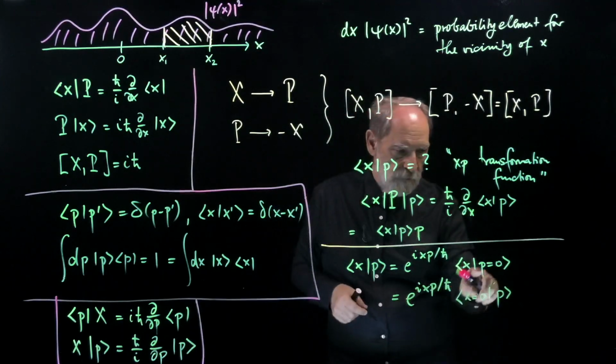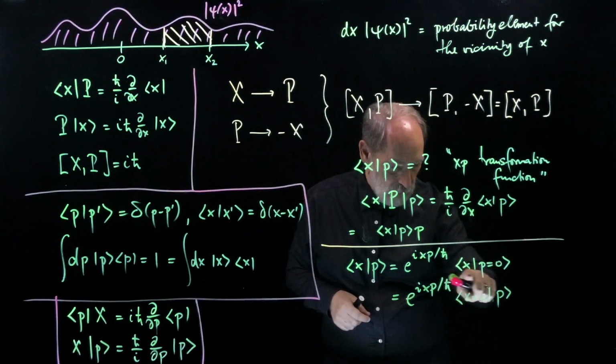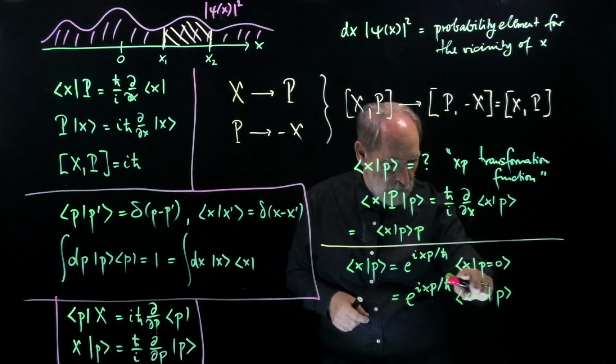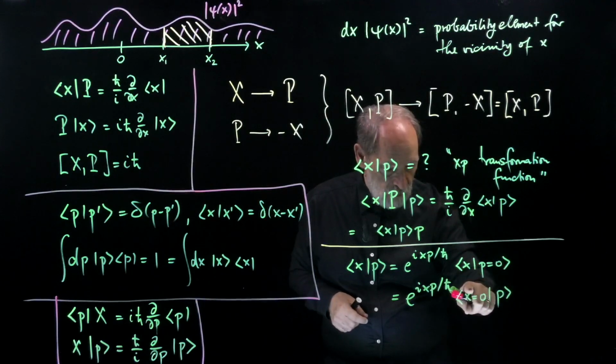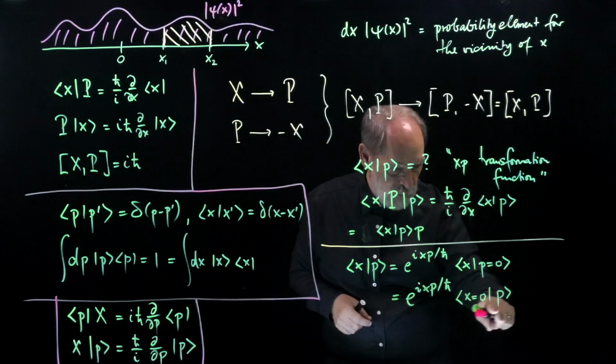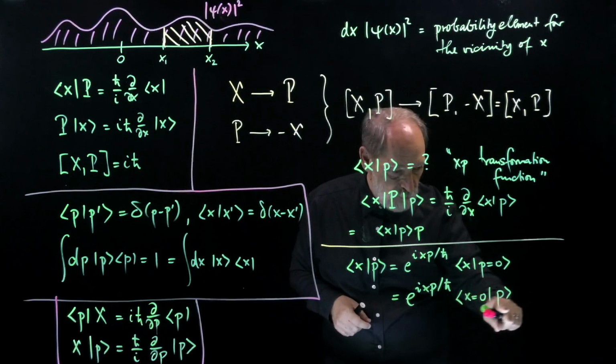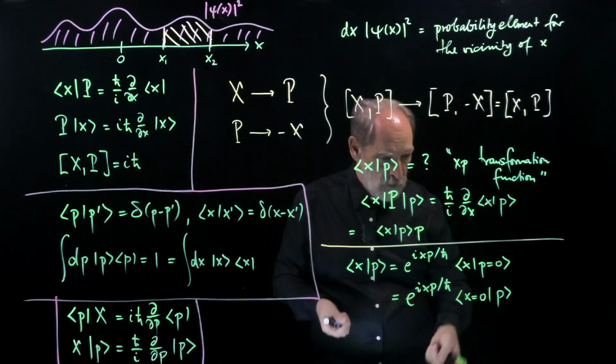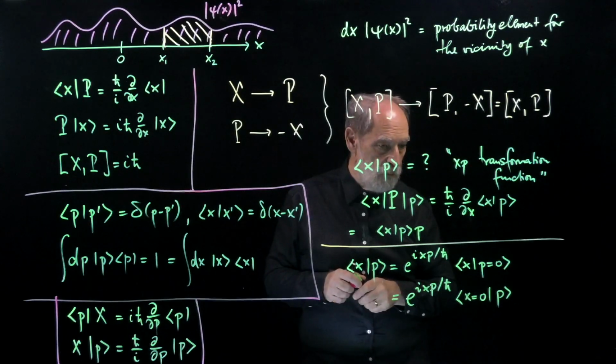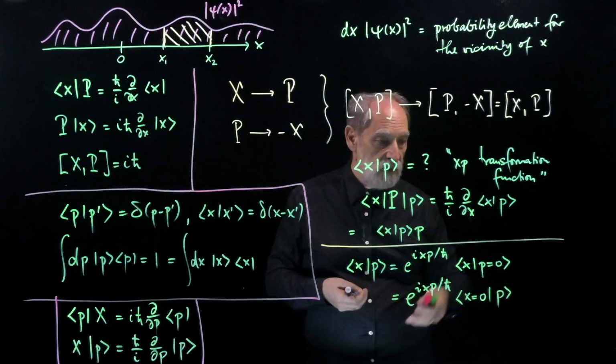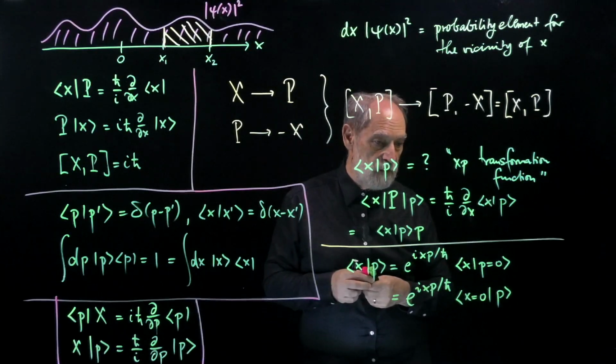Now look at this. This factor is a function of x and x only. This is a function of p only. So there's a function of x that has to be equal to a function of p, and that has to be true for all x's and all p, which simply says that these two functions have to be constants.